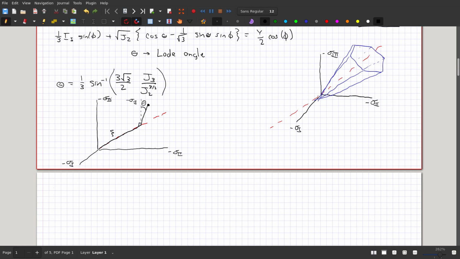So I'll just write in words, the load angle is controlled by the relationship of the intermediate principal stresses.